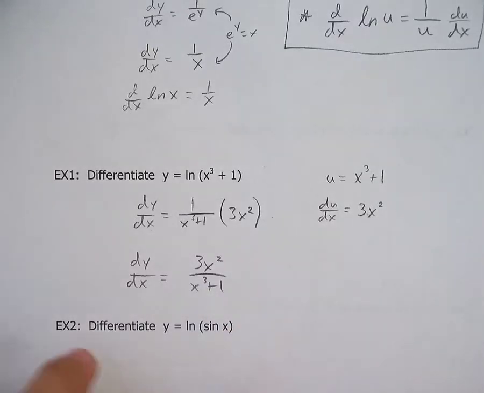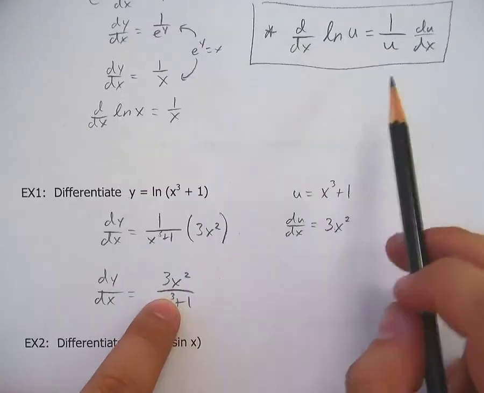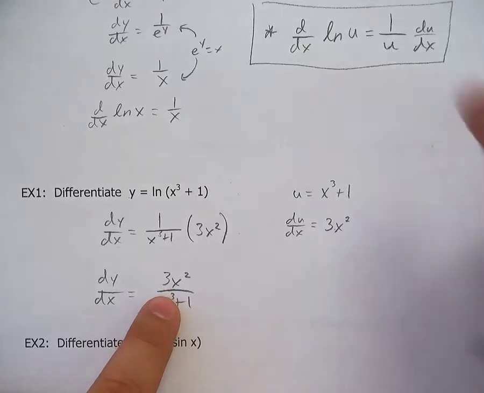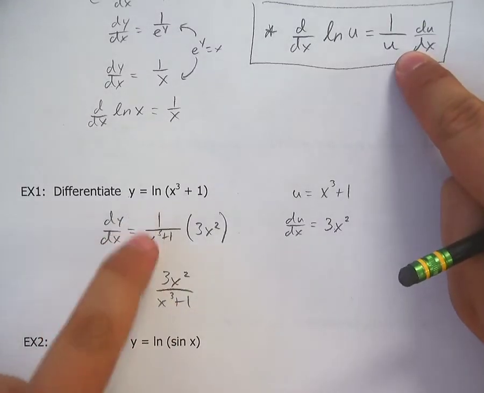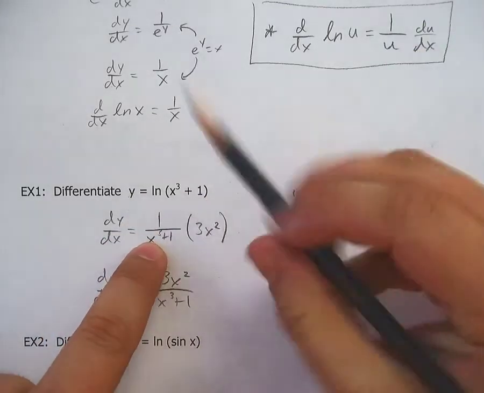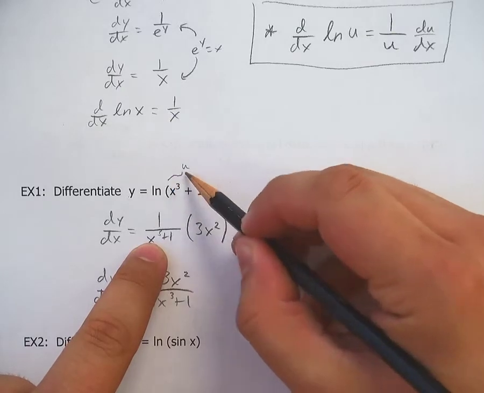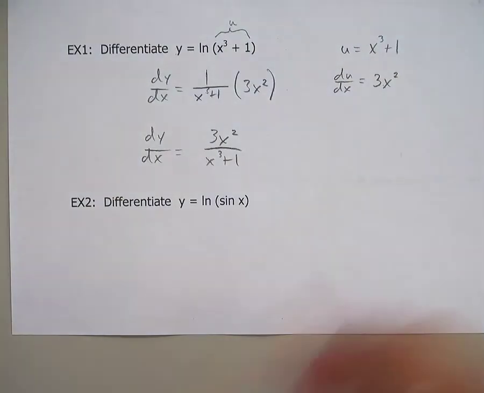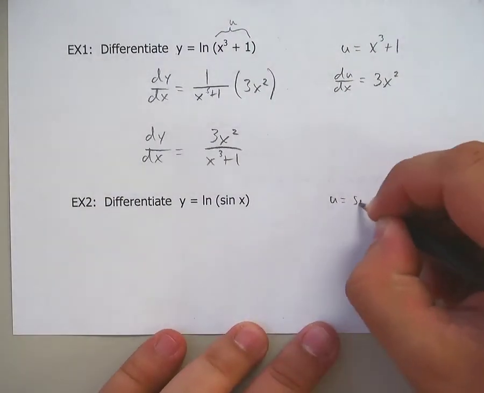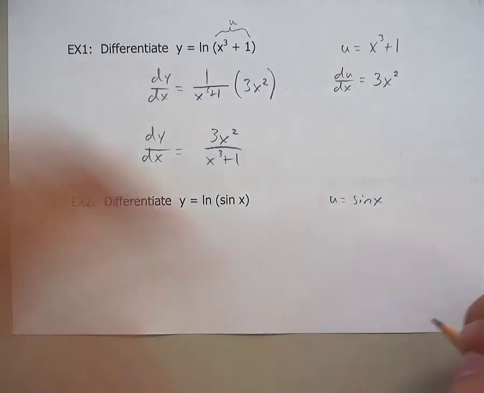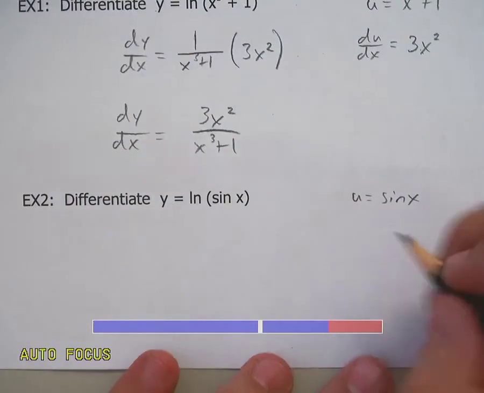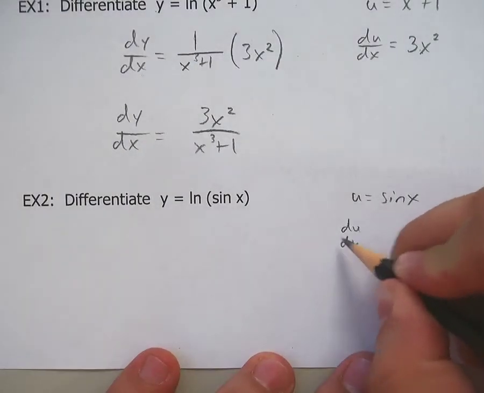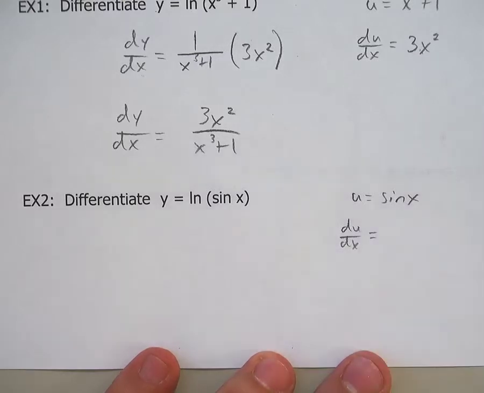So not that difficult of a concept. Again, up here, it's 1 over u, 1 over our u value right here, times the derivative of u. Same thing down here. U is sine x. So du dx is going to be cosine of x.